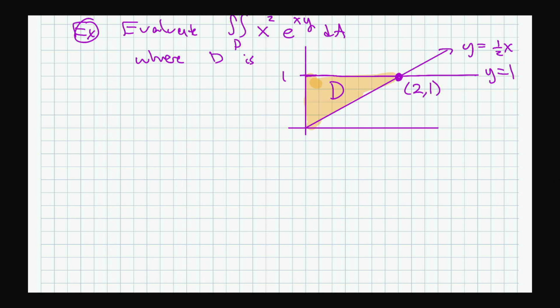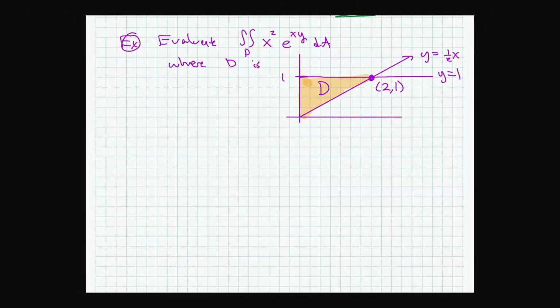Okay, so again, technically this is type 1 or type 2, whichever way you feel like doing it, because you can think of it as being a left function and a right function, or a top function and a bottom function. But we're going to treat it like type 1 again, because number 1, they told me to, I think. And number 2, it's already listed this way, right? y equals a function, and that's a type 1 region kind of thing.